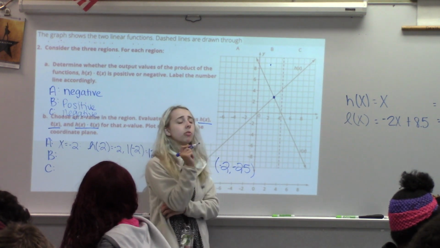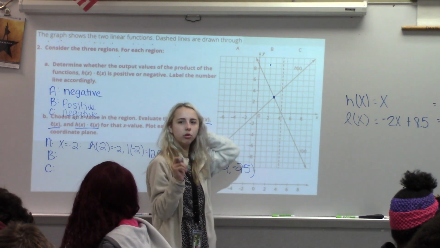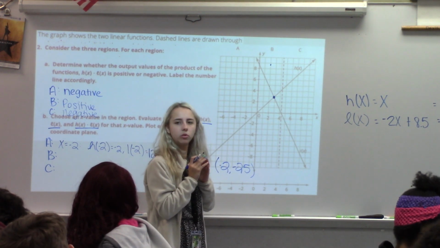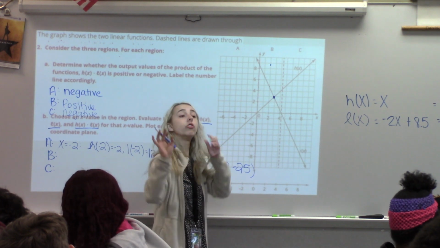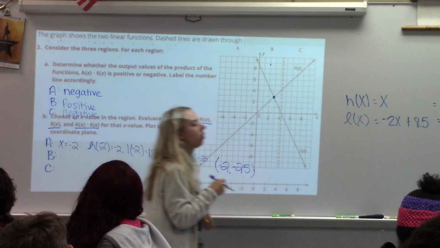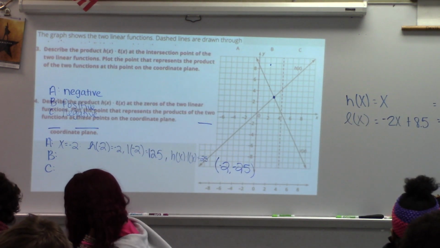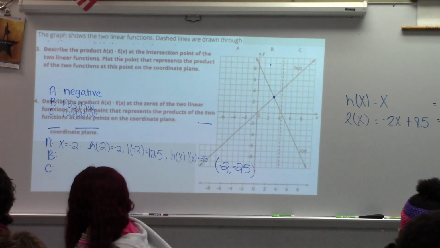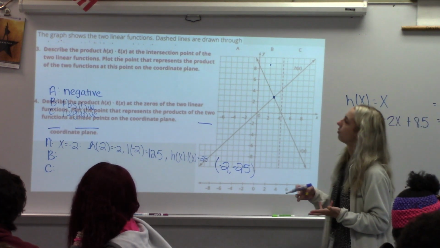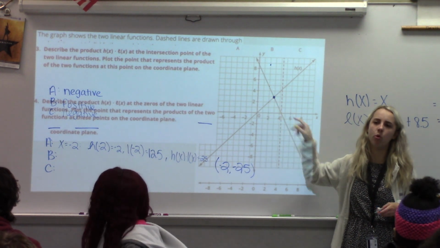It's a positive times a positive, but how do I know what values to multiply? Number 3 actually just tells us to describe how to get that product. So tell me what values we would have to multiply from this point.